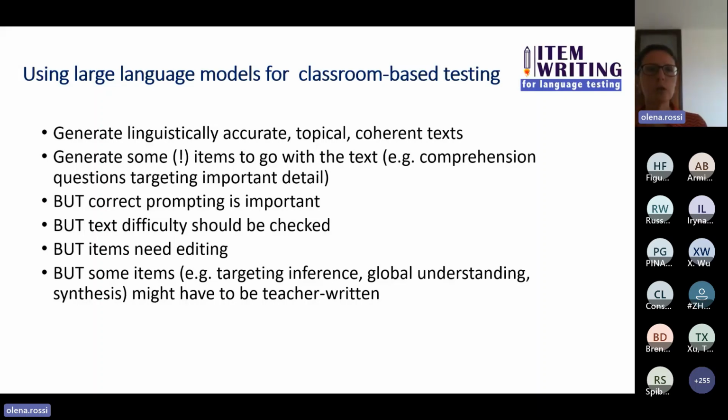But we need to know how to ensure the correct text difficulty, and we need to check it. But the items need to be edited, and some items, for example, those that target inferencing, global understanding, synthesizing information, might have to be teacher written.